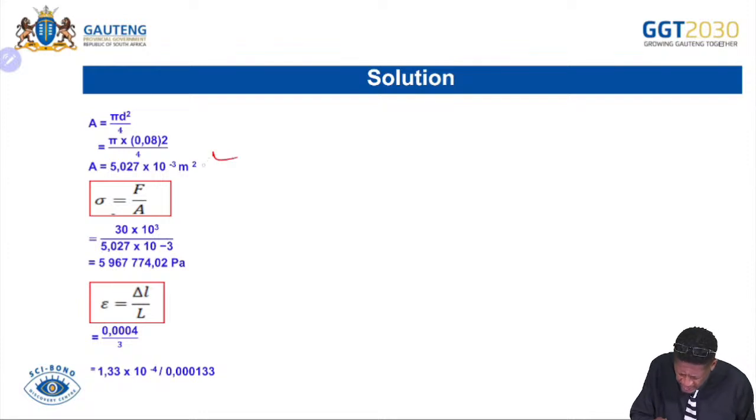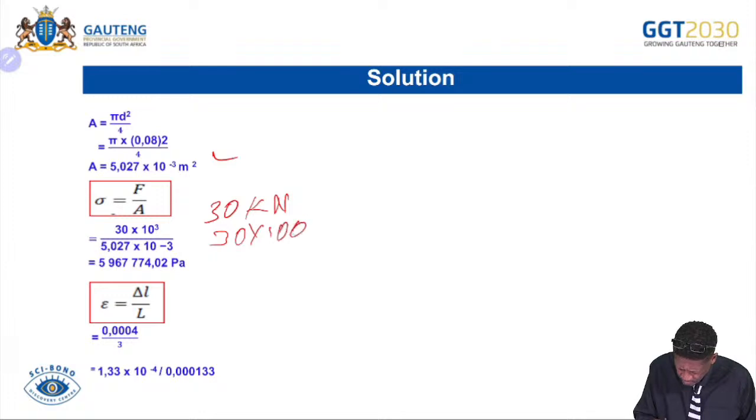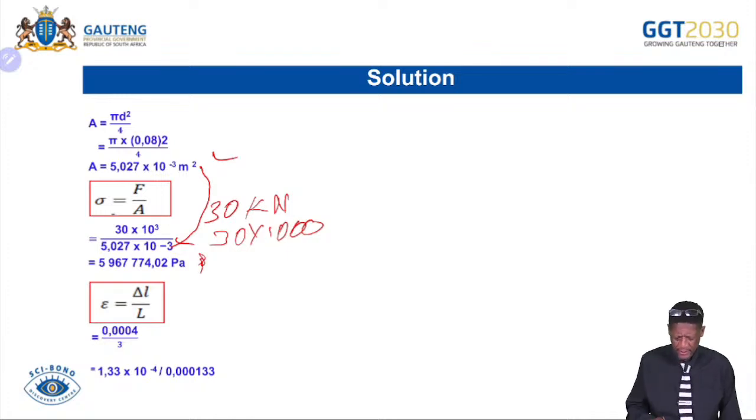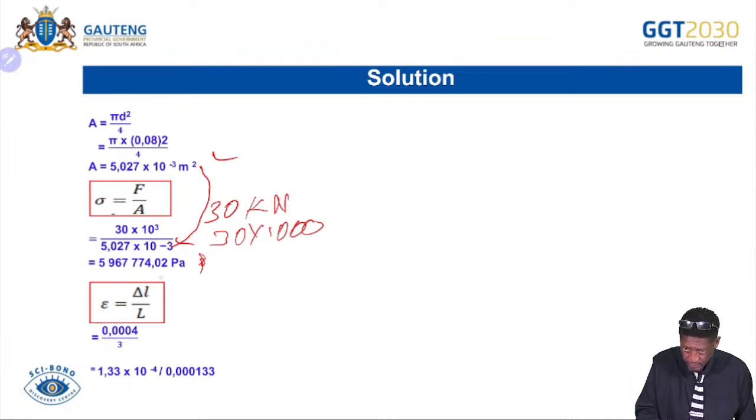This area is the one you are going to use with the force, because remember we are given the force. The force was 30 kilonewtons, so it means it's 30 multiplied by 1,000. Then you take your area, it comes here, and you get your answer. Then you calculate the strain. The strain has a formula: strain is the extension of the length, divided by the original length.